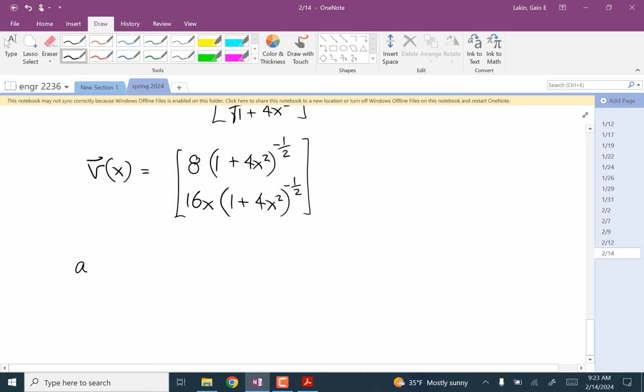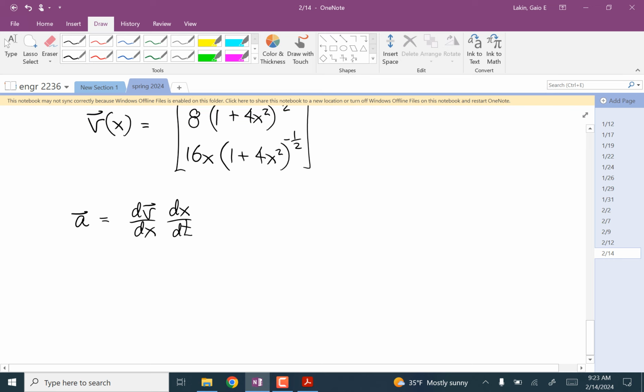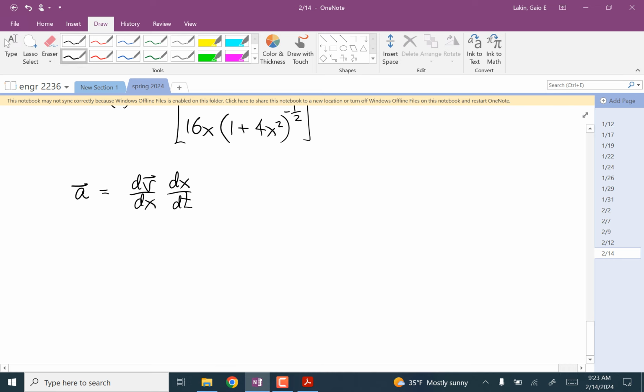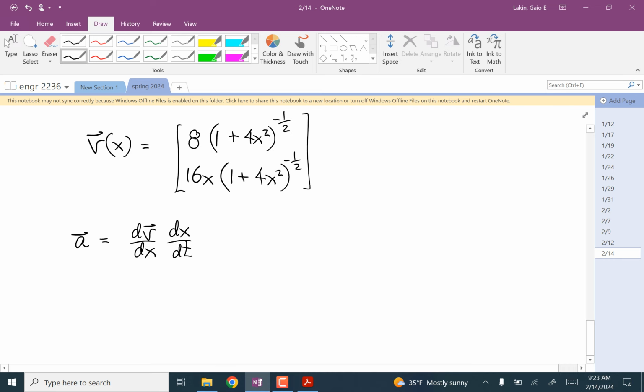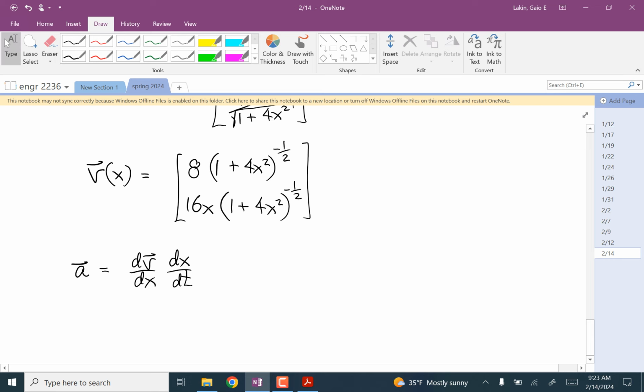So the acceleration is going to be equal to dv/dx times dx/dt. So this dv/dx is going to get complicated looking. Don't forget that when we're done, we also have to multiply by dx/dt. And this is dx/dt.